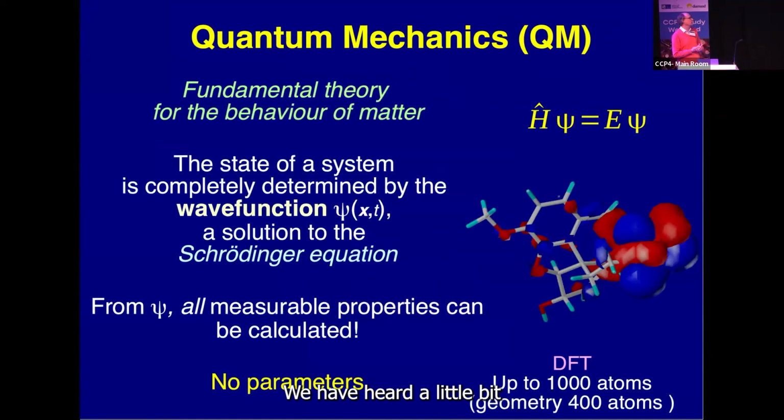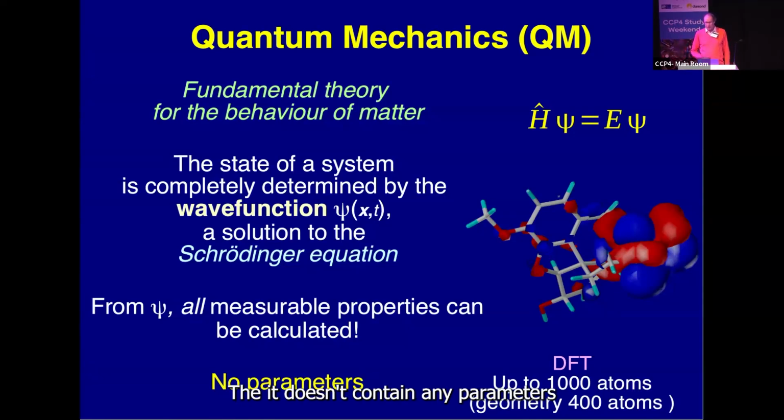We have heard a little bit about computational chemistry today. Perhaps it's a bit obsolete. But when doing computational chemistry, the main method is quantum mechanics, because that's the truth. By solving the Schrödinger equation, you get the energy directly and you get the wave function. And from the wave function, you can get anything you want to know about the system.